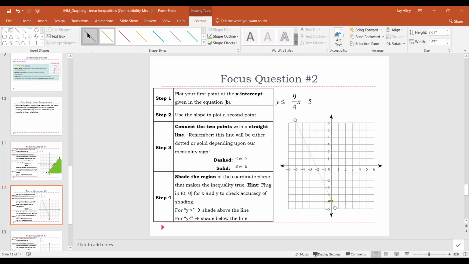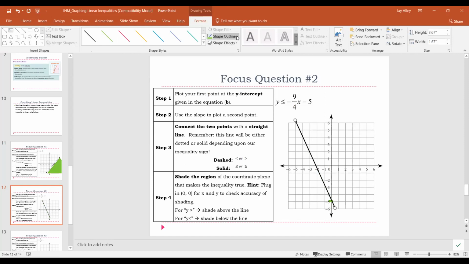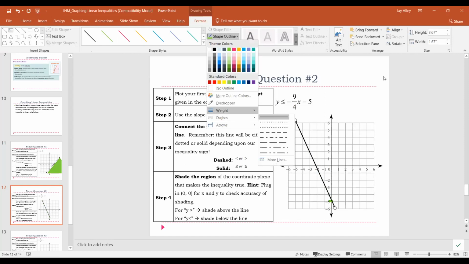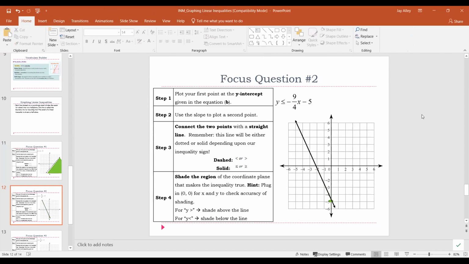Can't go the other direction. Because what happens if I go the other direction with my line? The big thing is what you said at first, that the line would be going in a positive direction.